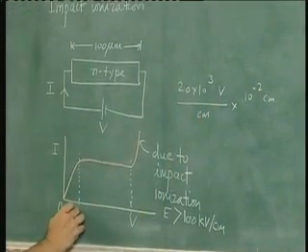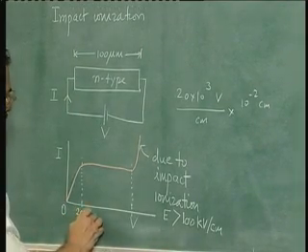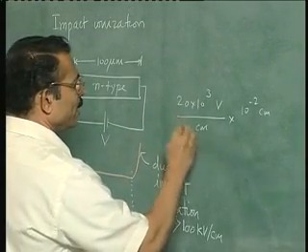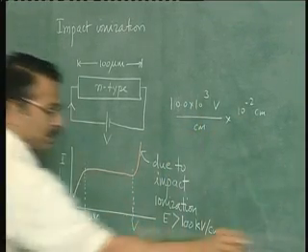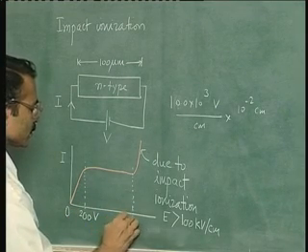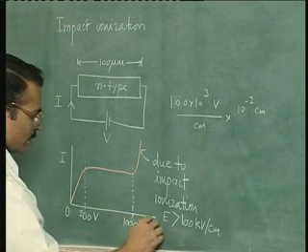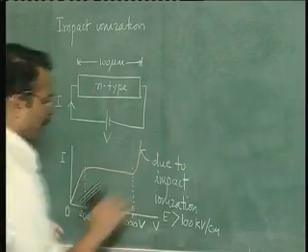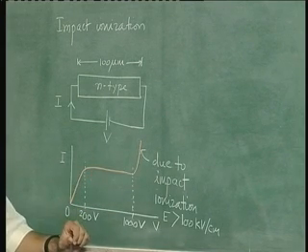So this amounts to about 200 volts, whereas this point is 100 kilovolt per centimeter, so it would be about 1000 volts. So it is beyond such high voltages that you are going to see this kind of excess carrier generation.